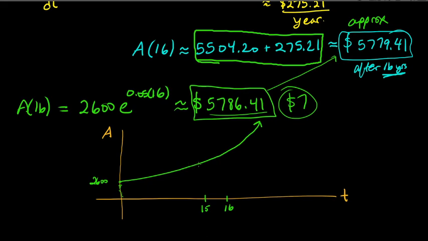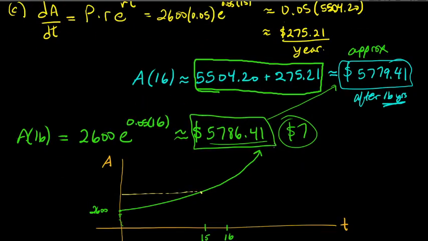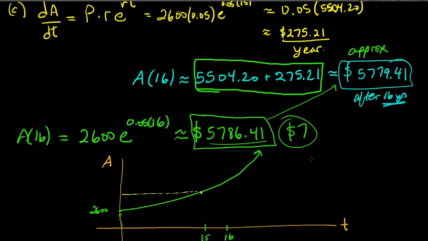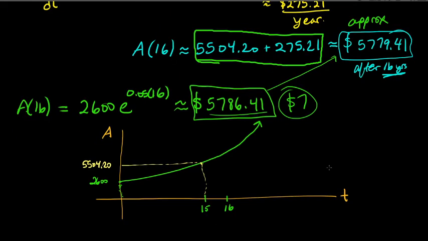If you plug in 15, you go over here and you get the exact amount. What was it? Oh, 5504 and 20 cents. So that's what you get exactly after 15 years.